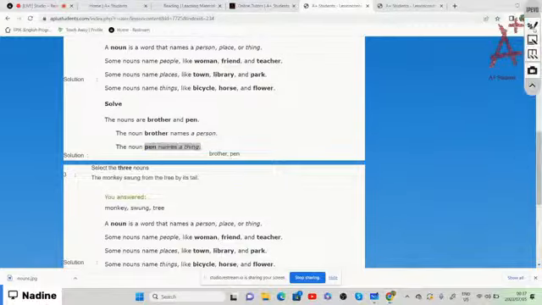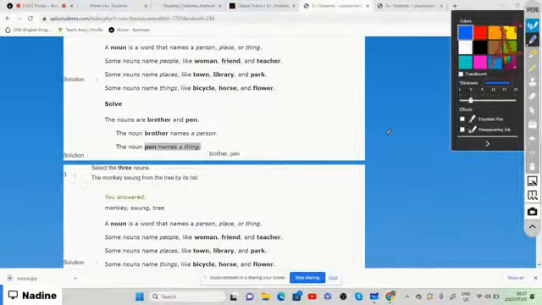All right, so if we choose one, then we have monkey, right? Which names an animal or thing. We have tree, right? Tree is a thing. And we also have tail, right?